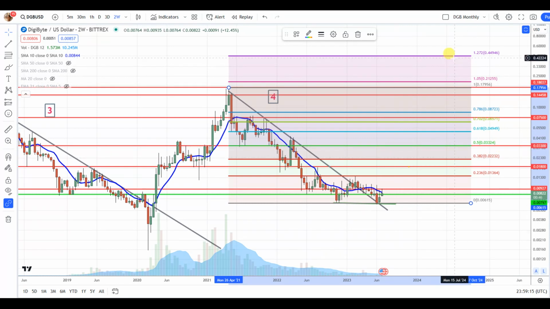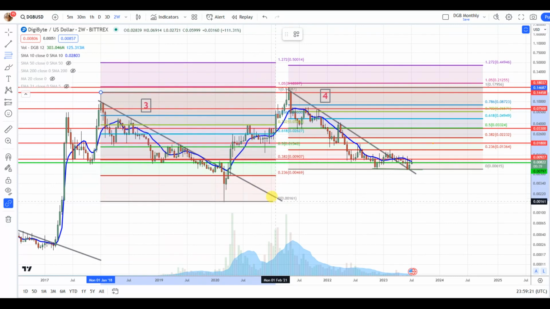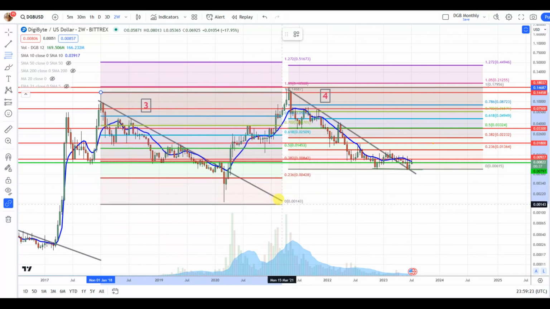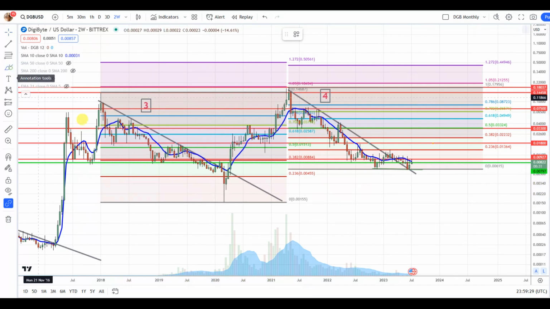Now, if we go back in time to the last correction that we saw after a major move, we can see here, when we dip down to the beer virus lows, look where Digibyte topped out. We went all the way up here and topped in this range right here.